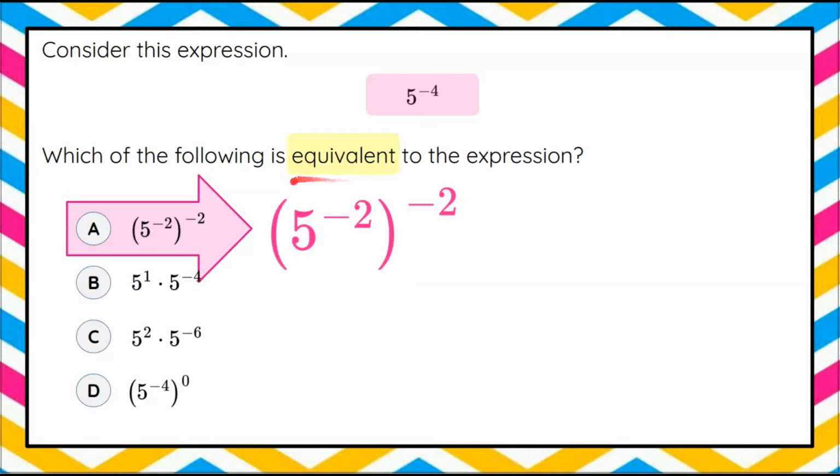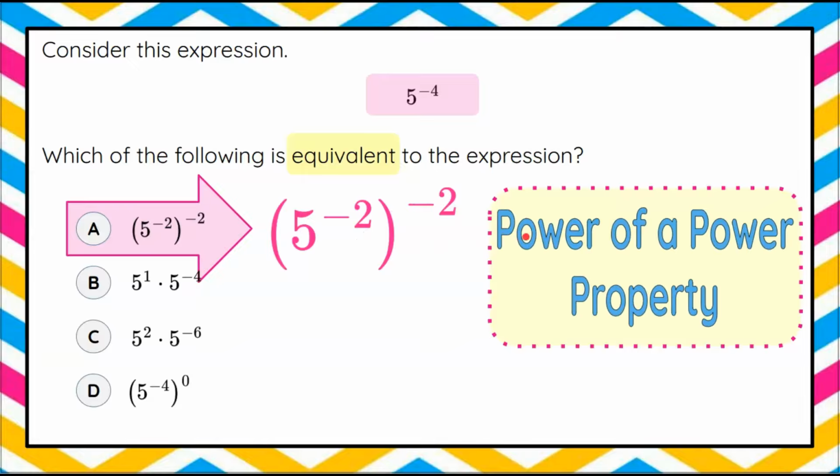I'm noticing that I have a power, base and exponent inside parentheses, all to another exponent. So we use the power of a power property to simplify this expression to determine if it's equivalent. Power of a power means you're going to multiply the exponents. So we're going to rewrite this.